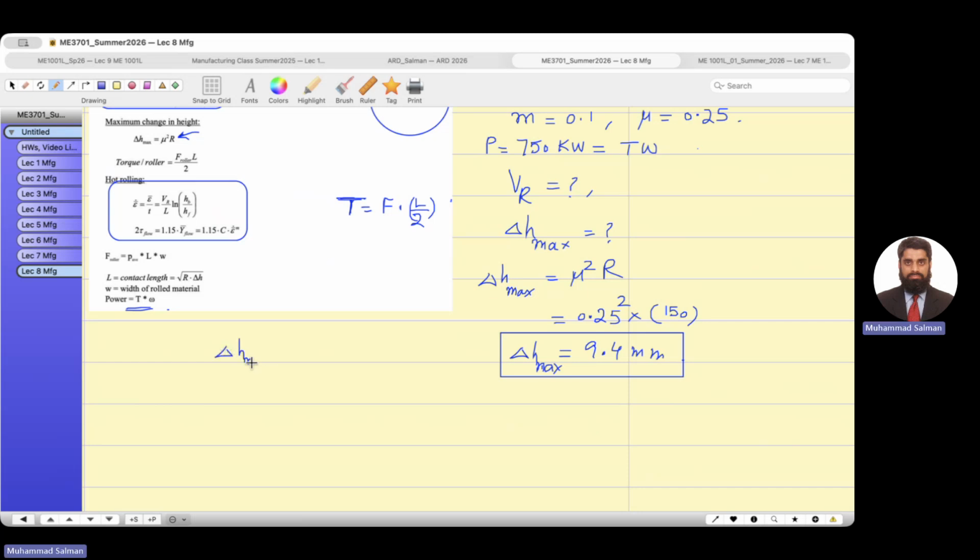Delta H maximum. So H beginning minus H final. So H final would be equal to H beginning minus delta H maximum, 100 minus 9.4.